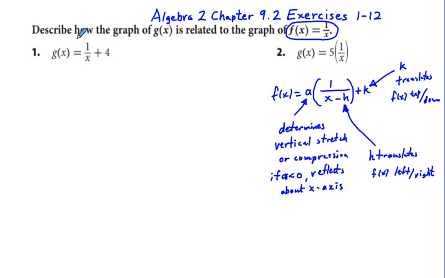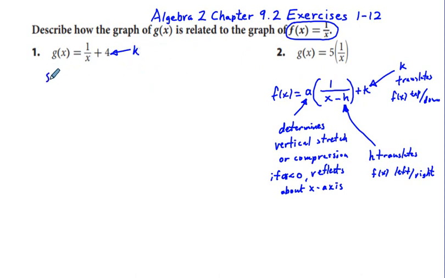So we're going to do the odd number problems here in this video lesson. Describe how the graph of g(x) is related to the graph of f(x) equals 1 over x. If we look over at our model at the right, the only thing that deviates from the parent function is this thing right over here, and this is the value of k.